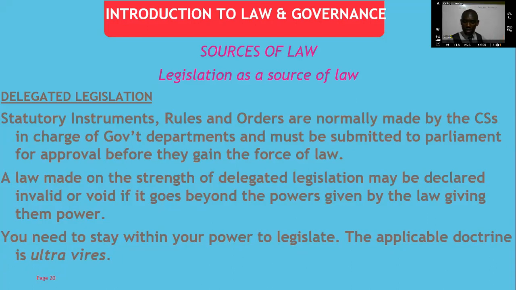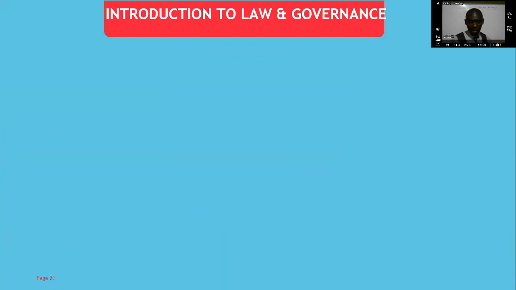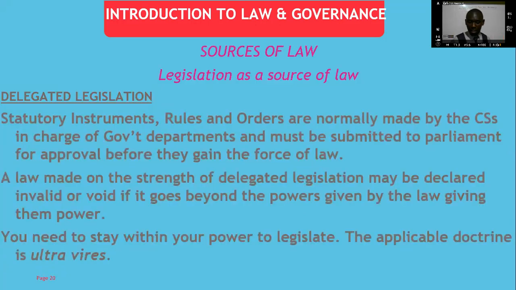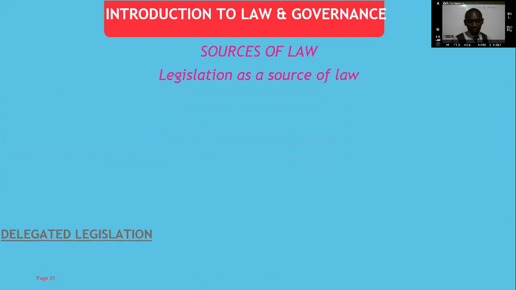A law that goes beyond the power to legislate, where you're given a power and you go beyond it, is going to be declared ultra vires, that it is beyond the power that was given to the delegate.